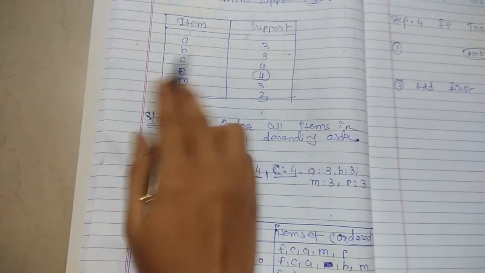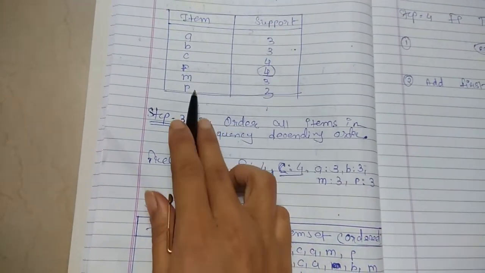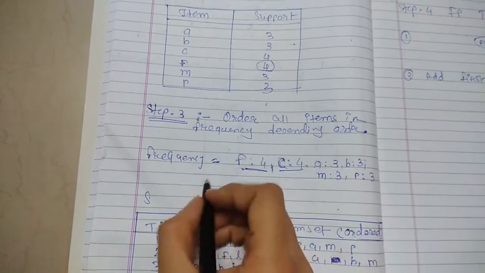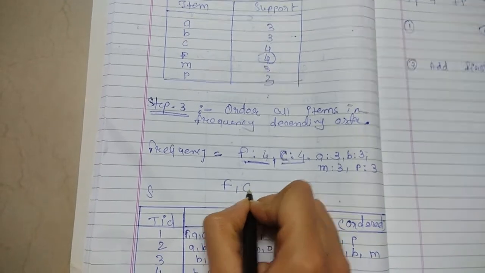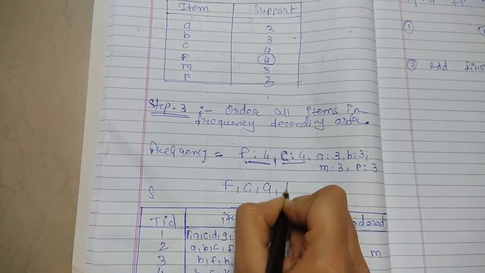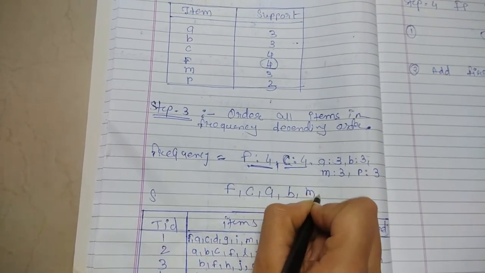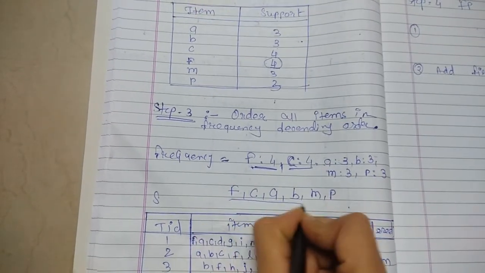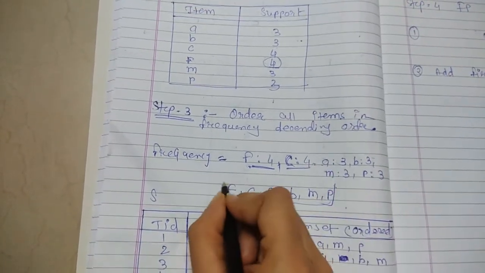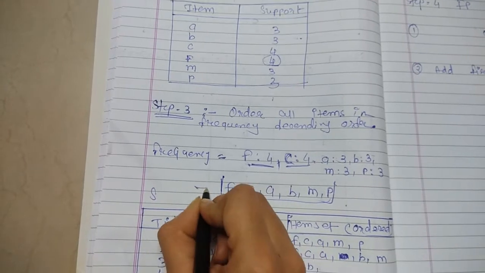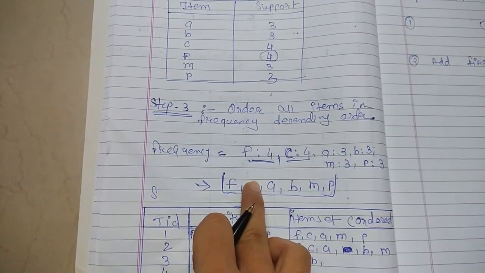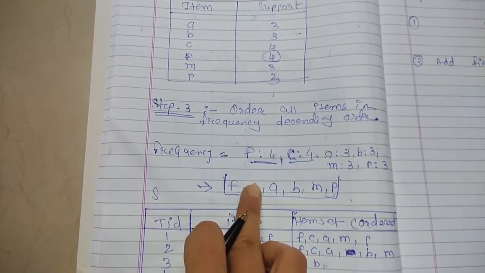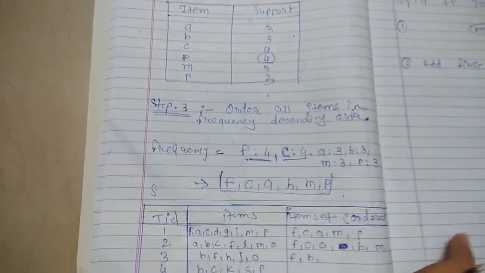Next is B because the support is 3, and then M and P. So our frequency pattern becomes F, C, A, B, M, P. These are the frequency pattern items. It is very important for the further calculation. So this is an important step to find the frequency pattern based on the support.